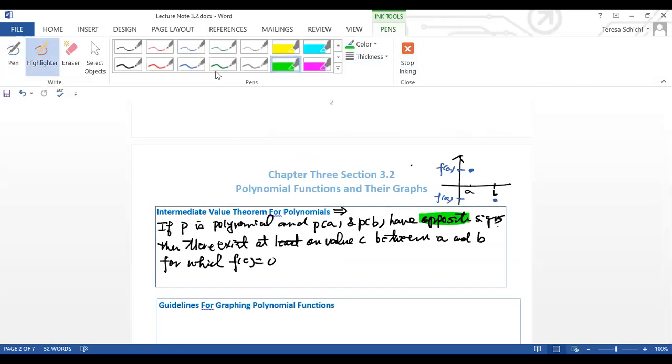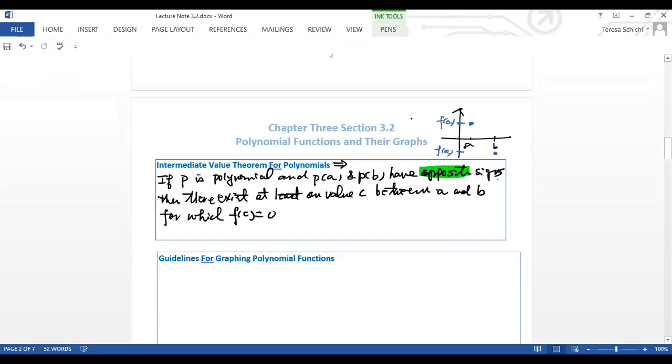Now let's take a look at what that means. If they have opposite signs, because we know the polynomial is continuous, going from a to b you have to go through something.